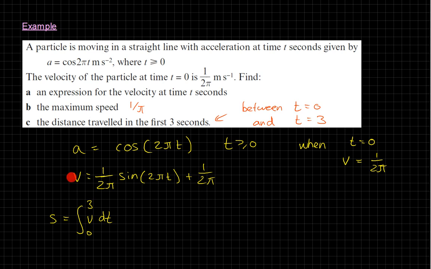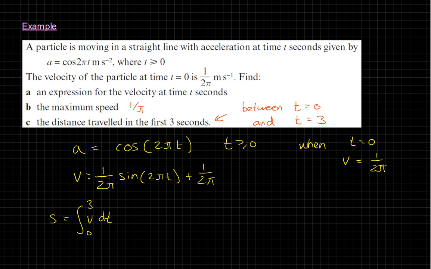So if we look at this expression for the velocity, ask yourself, is it ever possible for the velocity to change from positive to negative? More specifically, can you ever get a negative value for velocity for this specific expression? And hopefully you can see the answer is no, because sine 2 pi t has a minimal value, the smallest value it can be is -1.